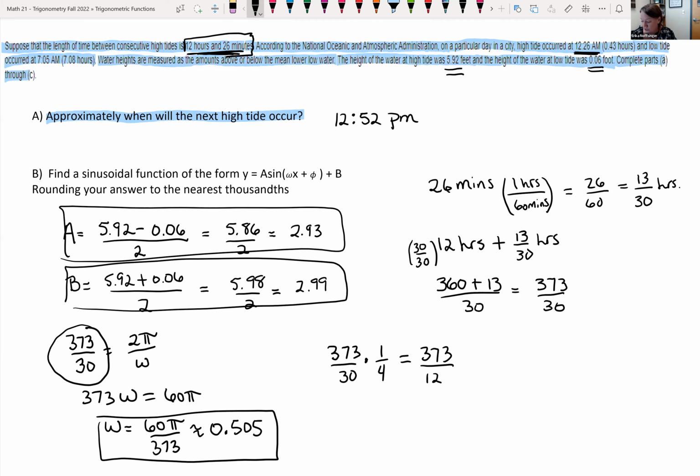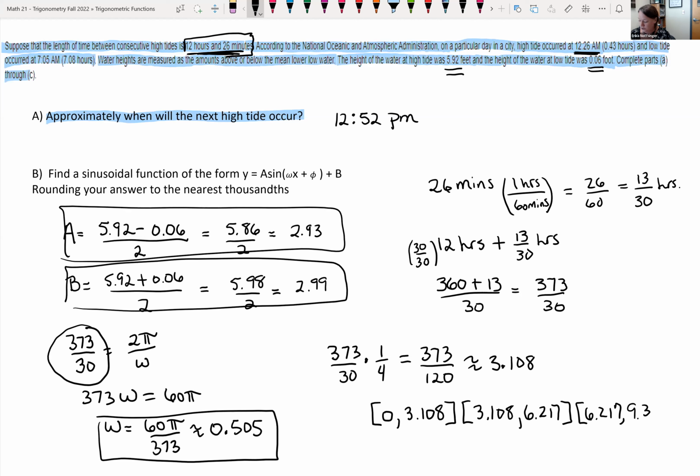If I was breaking this down and not thinking of any horizontal shift, and we're thinking of our sine function, we would go from 0 to 3.108. Then we would go from 3.108 plus another 3.108, which is 6.217. From 6.217, we would go to 9.325.